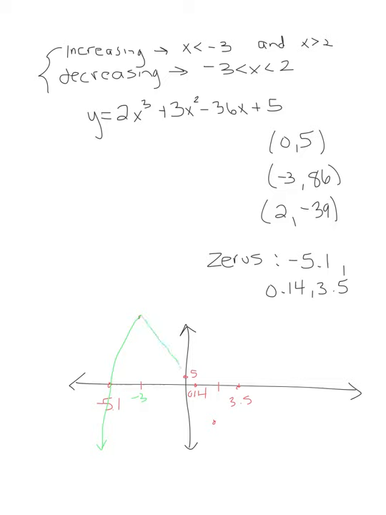It has to go through that y-intercept, go through that root at 0.14, and hit this minimum at positive 2. And then after 2, our function is increasing again, so it's going to go back up through this root, and this is a quick sketch of our graph.